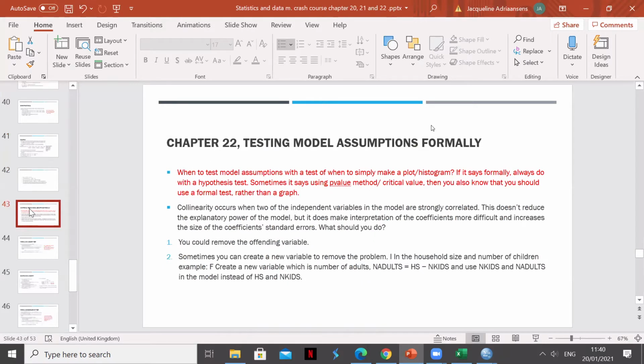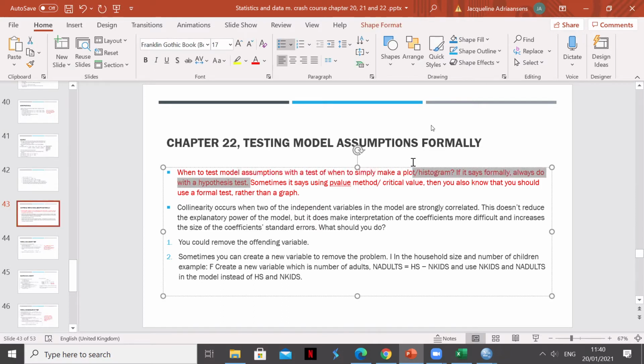The last chapter, chapter 22, is about testing model assumptions formally. We had four assumptions: the linearity assumption, homoscedasticity, independence, and normality. And we made graphs to test them. And that's one way to do it. But if it asks formally, you always do a hypothesis test.